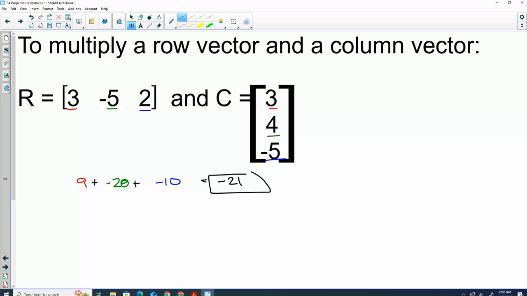So I'm going to put up our rule for how to multiply these.